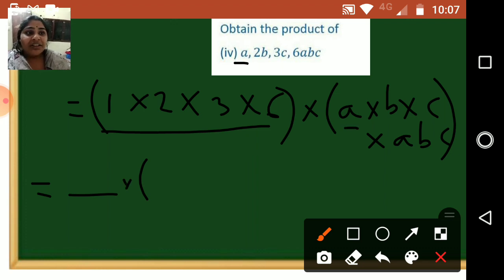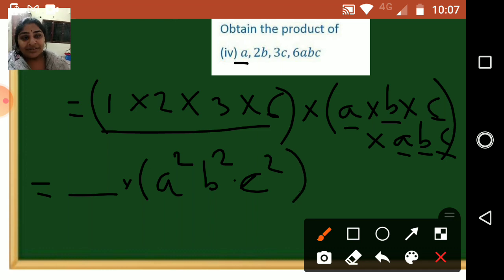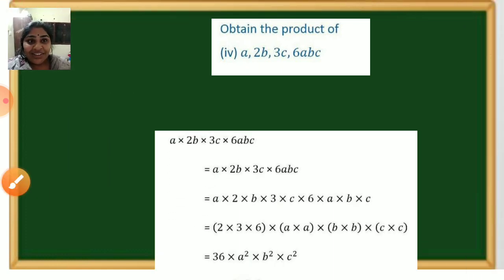Now if you see here, a multiplied by a is nothing but a square, b multiplied by b is nothing but b square, c multiplied by c is nothing but c square. Right, children? So the answer will be whatever is the answer when you multiply the coefficient, and then a square, b square, c square. So let us see.